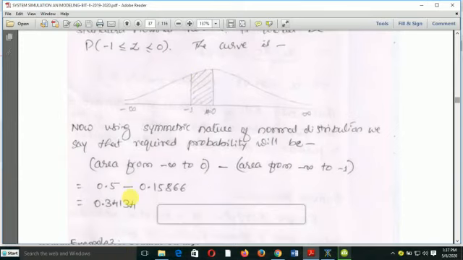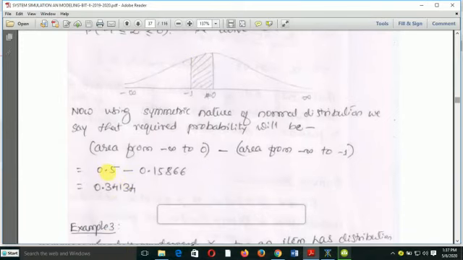So what will happen? The area from minus infinity to 0 is equal to half, as you saw in the previous problem. And the area from minus infinity to -1, from here to here, is this value.